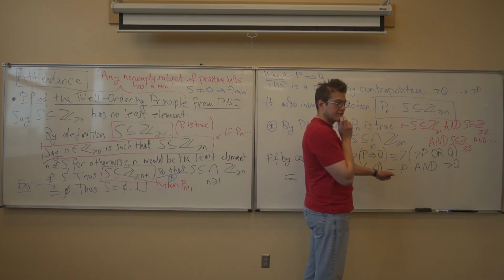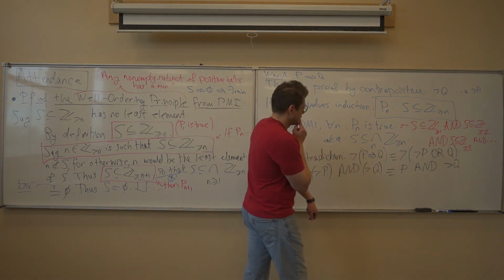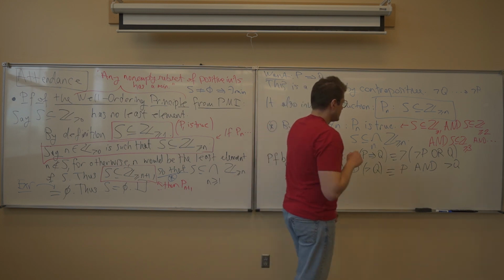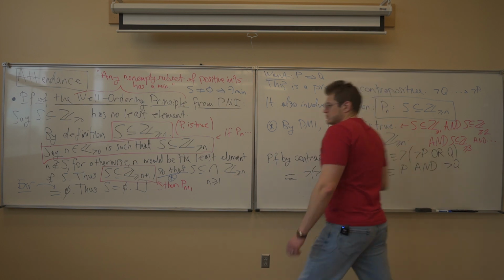Yes, exactly. But S should be a subset of the set for n at least 1. Should we use union here? That's my question. Maybe I could draw a picture.